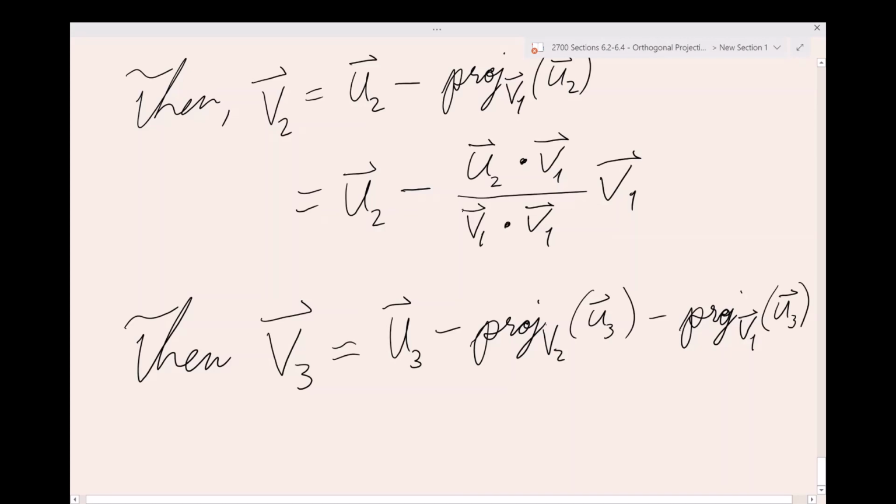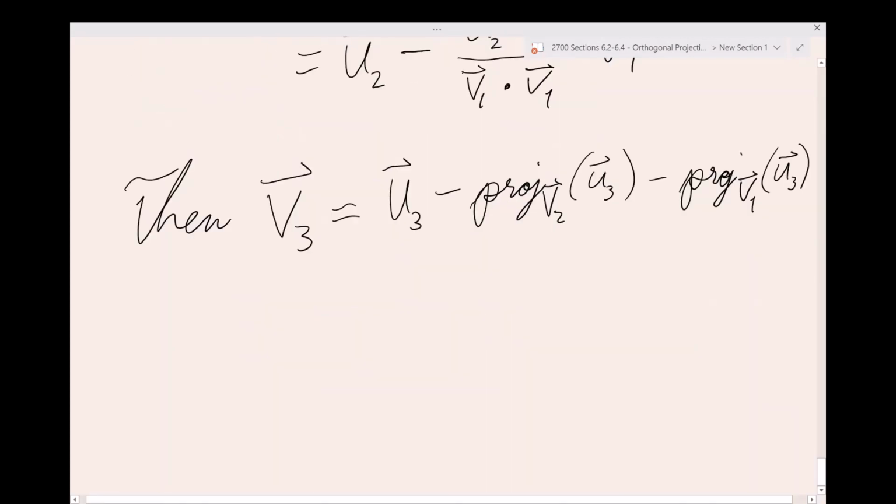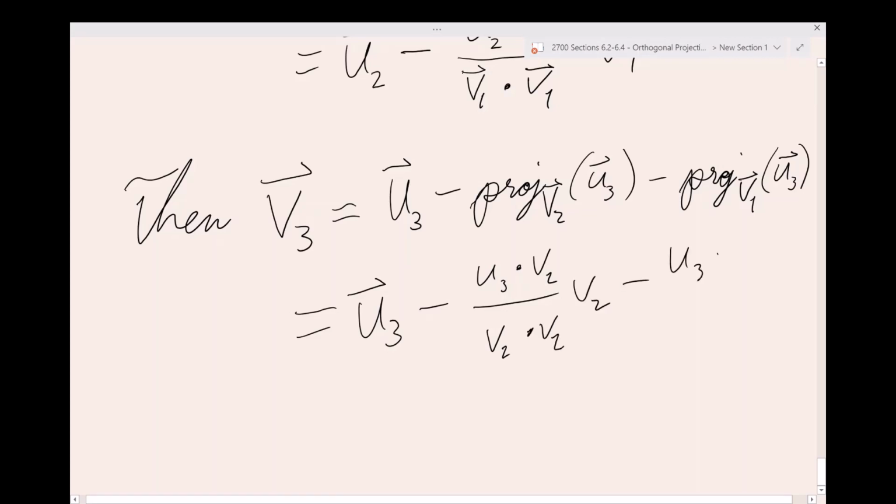Because that would be that component orthogonal to that subspace generated by those first two vectors. And of course, algebraically, that's u3 minus u3 dot v2 over v2 dot v2 scaling v2 minus u3 dot v1 over v1 dot v1 scaling v1. And of course, these are all vectors. And we keep going.